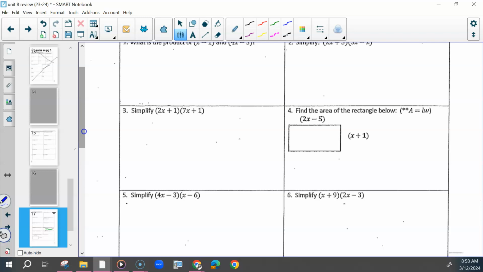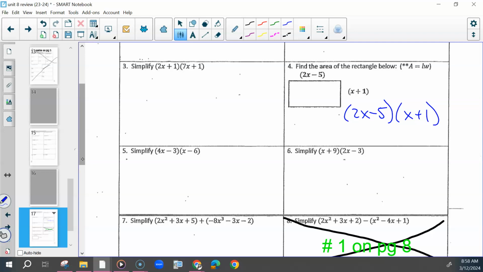So we're going to multiply these two together. And this is a binomial times a binomial, so you have to use one of your methods, double distributive, FOIL, the box method. Which of those do you want to use?